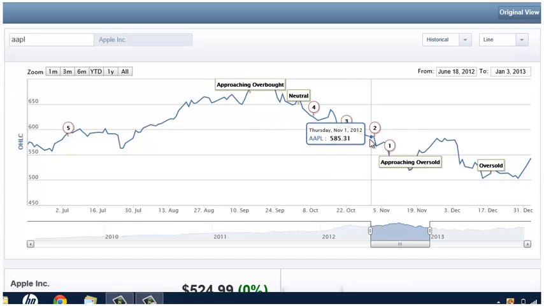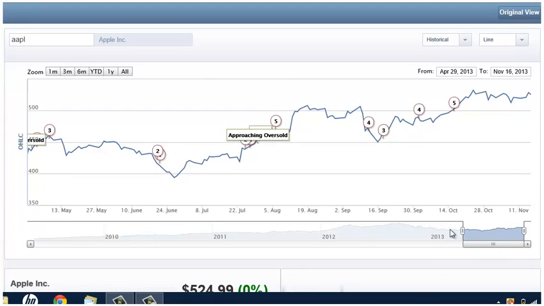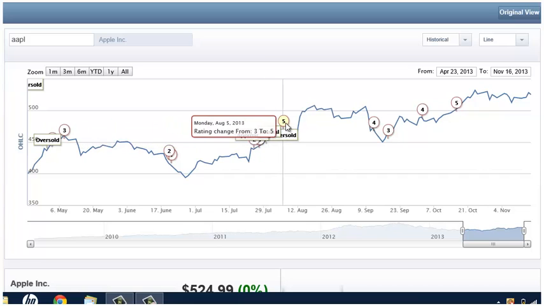So most of you, almost all of you, should have not held this position as it went to a 2 because you had plenty of opportunity on those 2 downgrades. And then almost an entire year later, we didn't receive another buy signal until August.